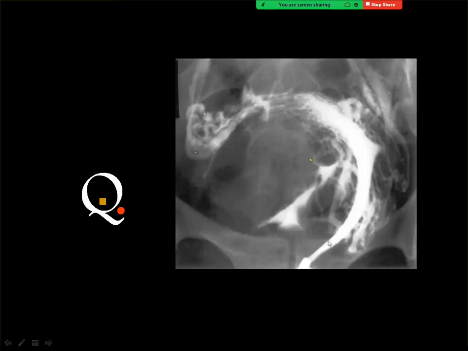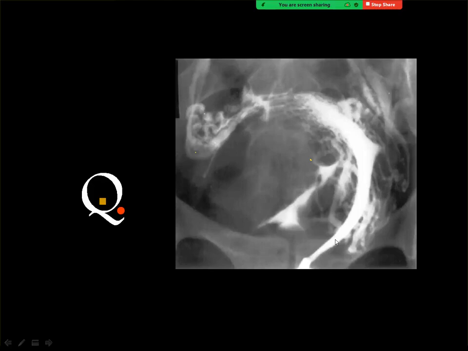One of the important issues is you may think that this is an ovarian tumor, but you should realize that the ovarian tumor will not stretch the uterus along its border. It may displace the uterus or may elevate the uterus, but will not stretch the uterus along its margin.